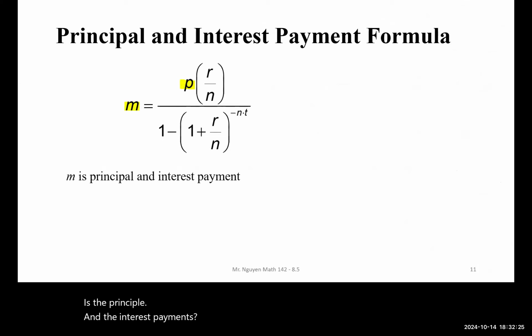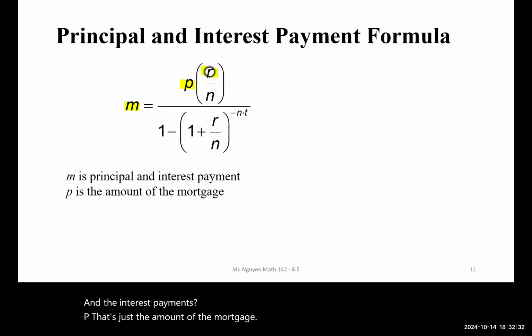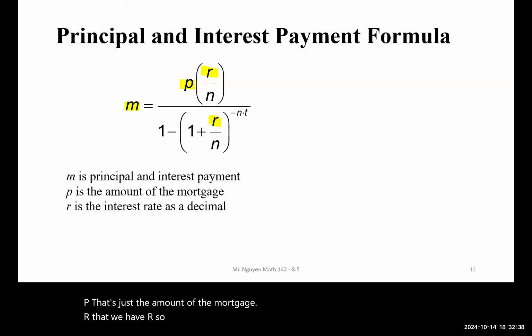P, that is the amount of the mortgage. R, so R means the interest rate as a decimal. So remember when they say 2%, 3%, you have to convert to the decimal place.